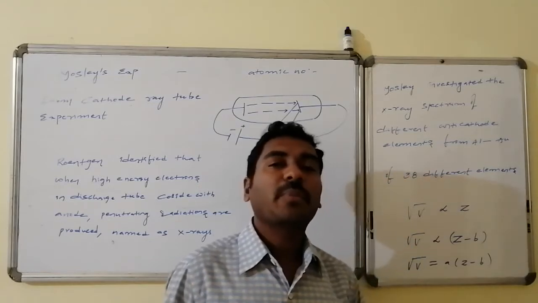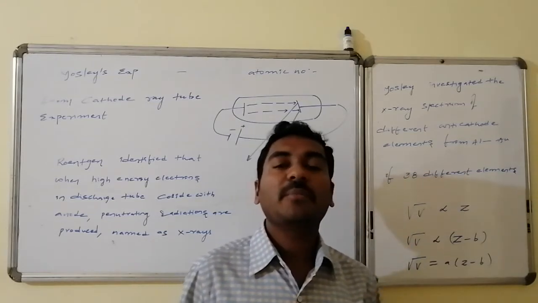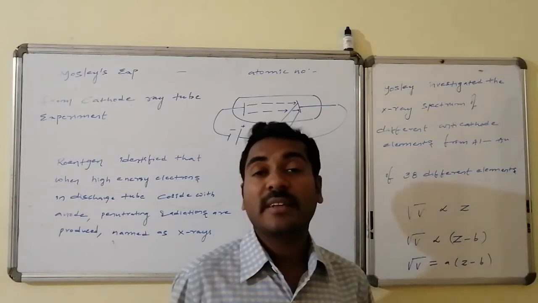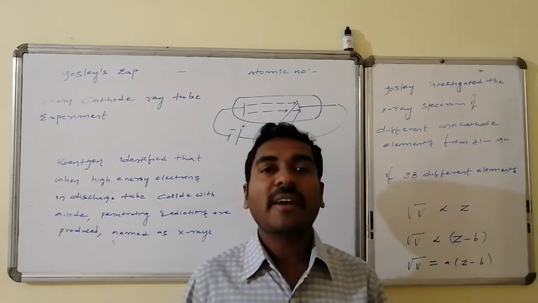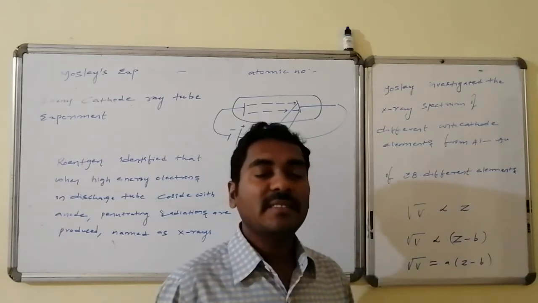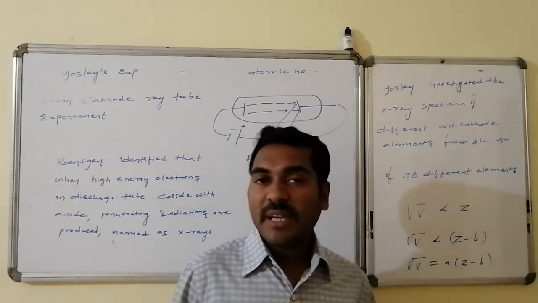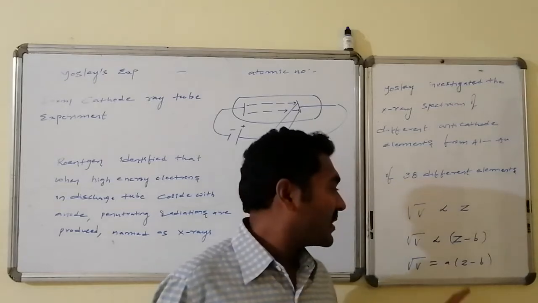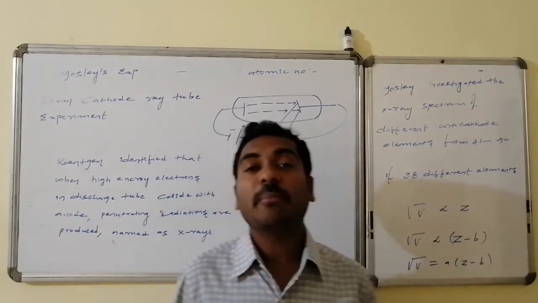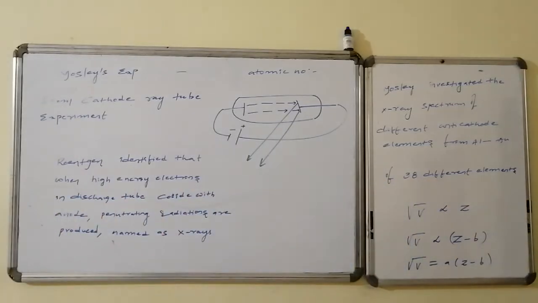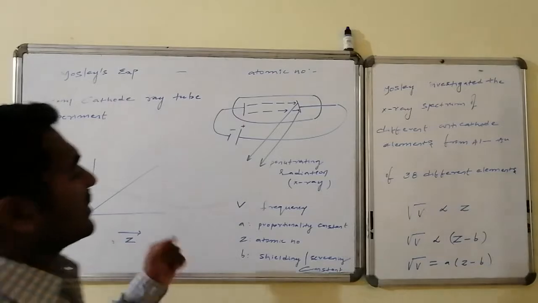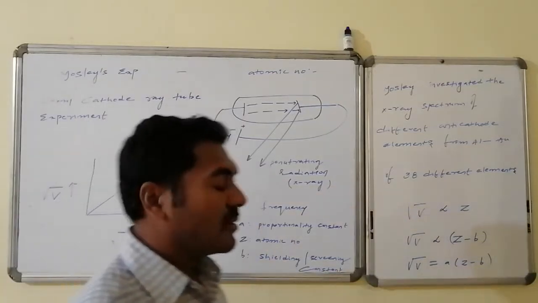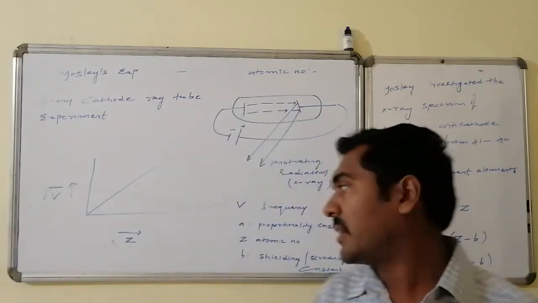So, the properties of the atoms of the elements are periodic functions of the atomic number. Thus, we came to know the modern periodic law from these experimental results: properties of the atoms of the elements are periodic functions of the atomic number. Here, nu is frequency, A is the proportionality constant, Z is the atomic number, B is the shielding or screening constant.